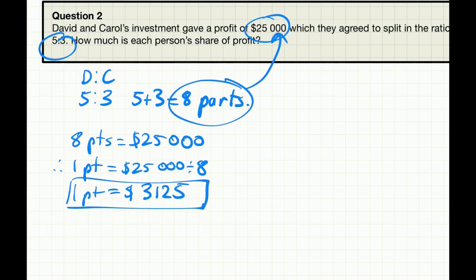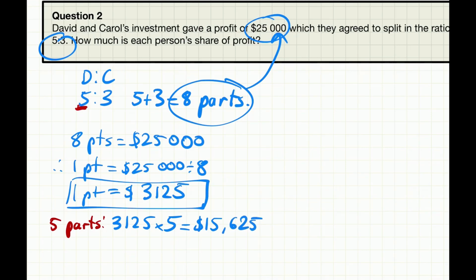Now that we've found that, let's proceed to find how much 5 parts is worth for David, and then we'll move on to find 3 parts for Carol. To find 5 parts, all we need to do is take how much one part is worth, 3,125, and multiply that by 5. Putting that into a calculator, our answer is 15,625. So that's how much we have for 5 parts.